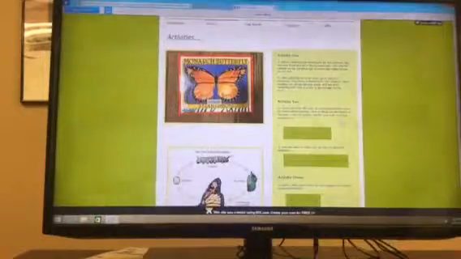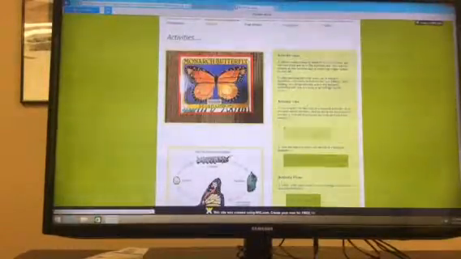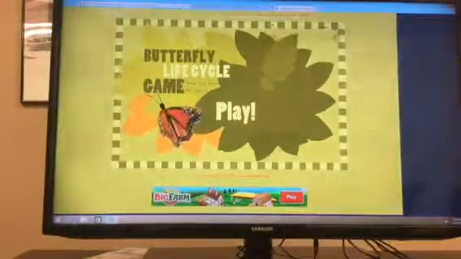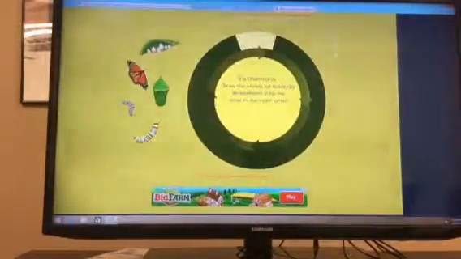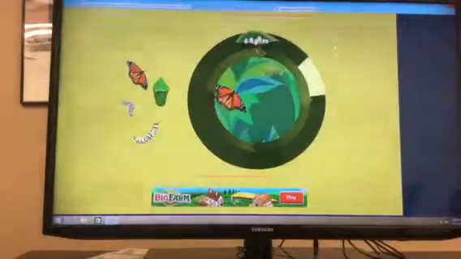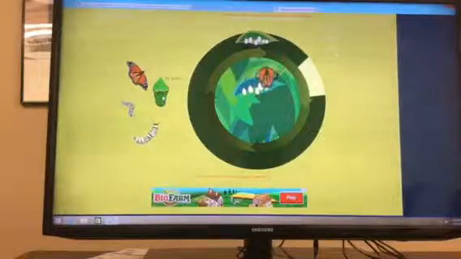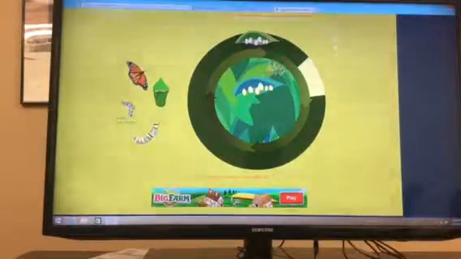It's a little life cycle activity that they will practice, and I'll take you to it. So if you play, you'll have to go through the steps. If they don't get it right, they have to keep finding the right stage.